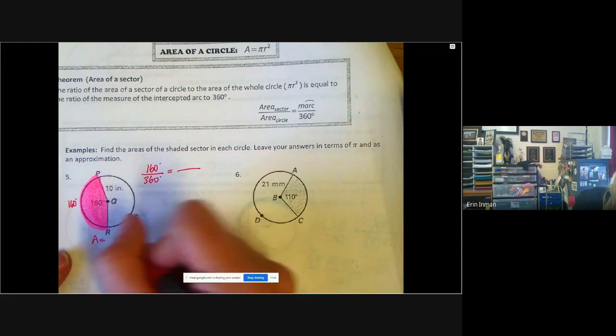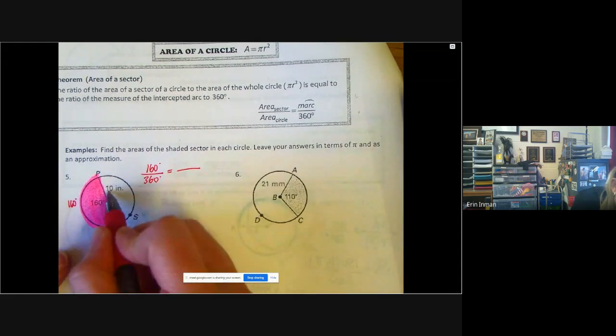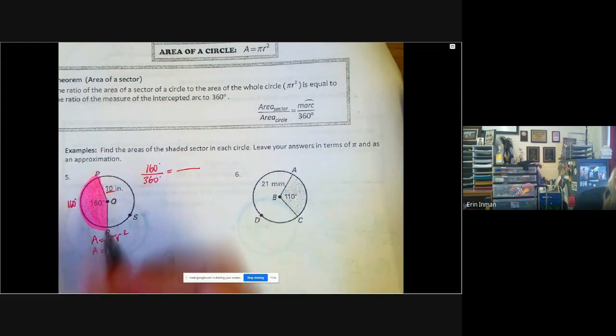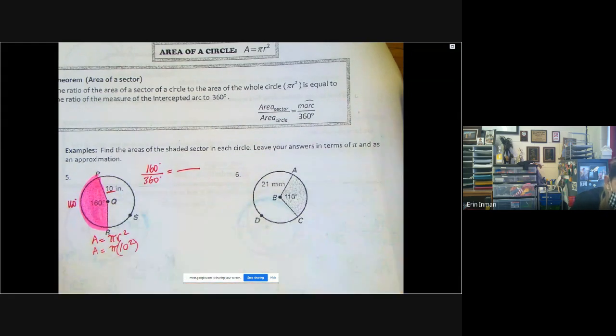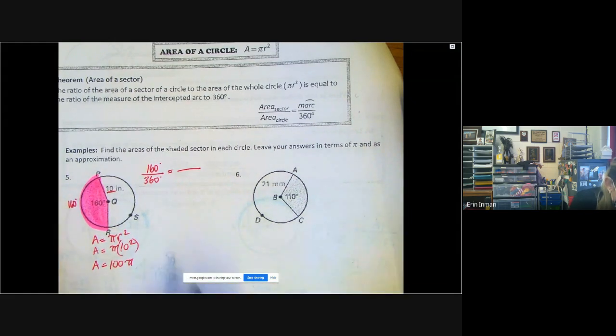So my area is pi r squared. Since it looks like they have just given us a radius, this is pi times 10 squared, so my area is 100 pi. I usually find my area off to the side, at least in terms of pi.